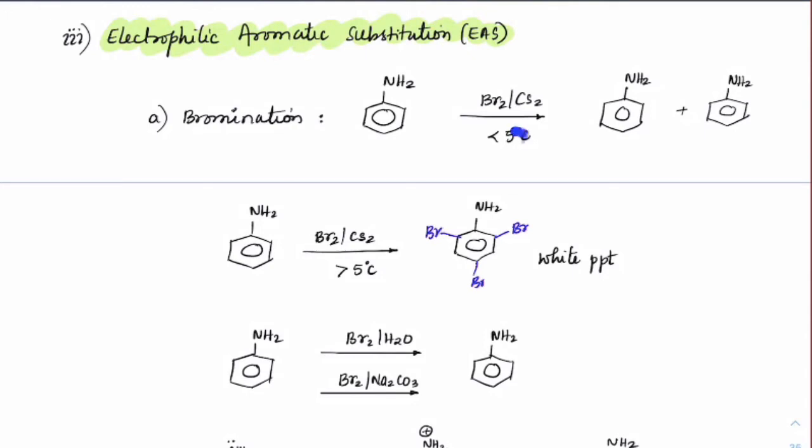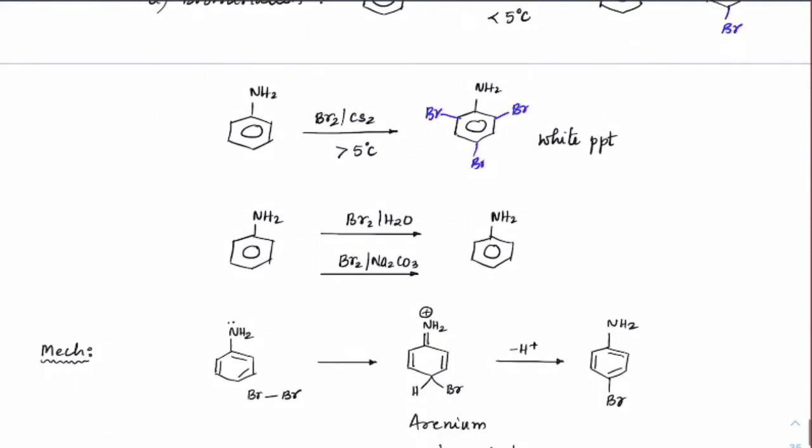But if it is operated at less than 5 degrees and it is specifically mentioned, then it will give only ortho or para product. But if temperature is not mentioned, always take this, or greater than 5 degrees, it is always going to be 2,4,6-tribromoaniline.